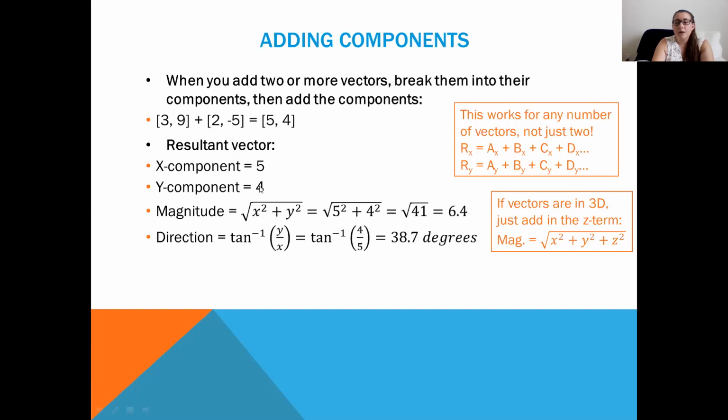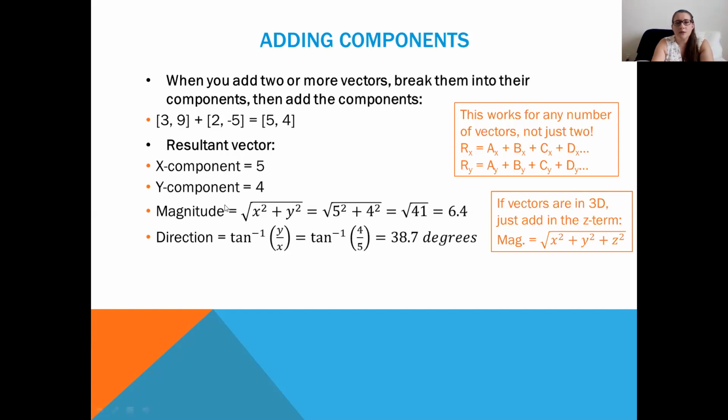If we wanted to know the magnitude of the resultant vector, or that sum vector, we would use the Pythagorean theorem. You might see it as a squared plus b squared equals c squared. We've just rearranged that to get the variables that we're actually interested in.